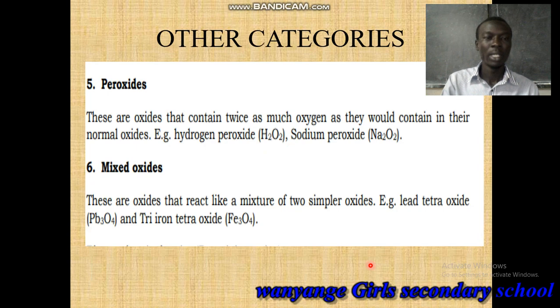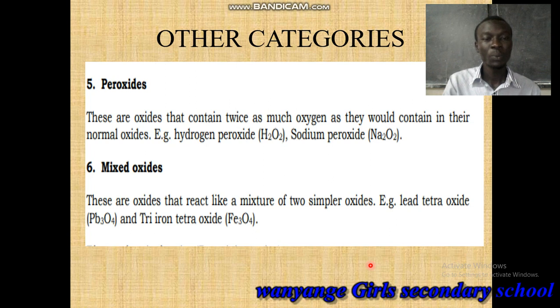Good. Now, the other categorization which we looked at was peroxides. Peroxides, we said, are oxides which have twice as many oxygen atoms as the normal oxides. Meaning that if a normal oxide has one oxygen atom, then a peroxide of that normal oxide will have two oxygen atoms.